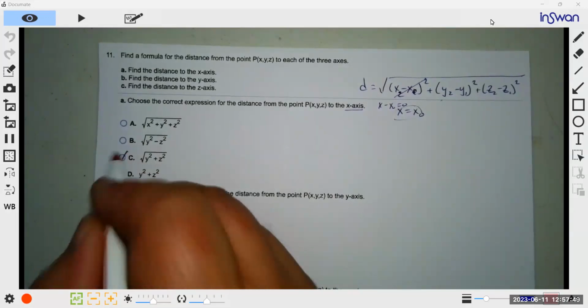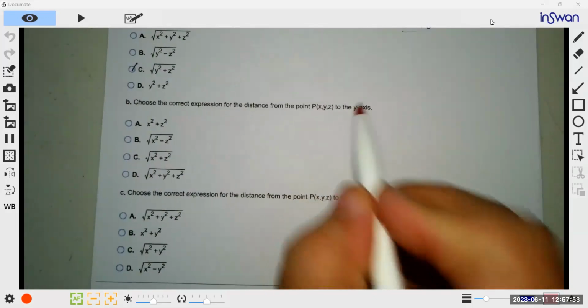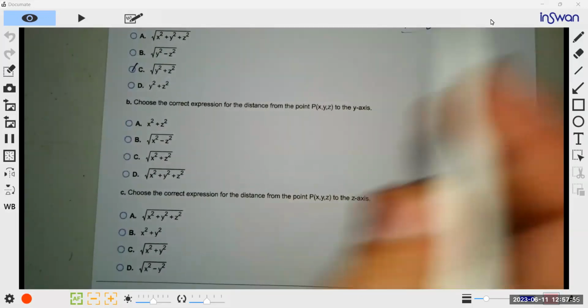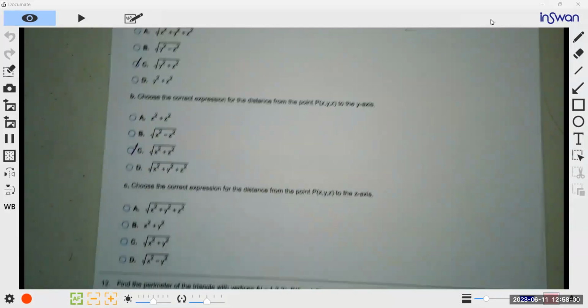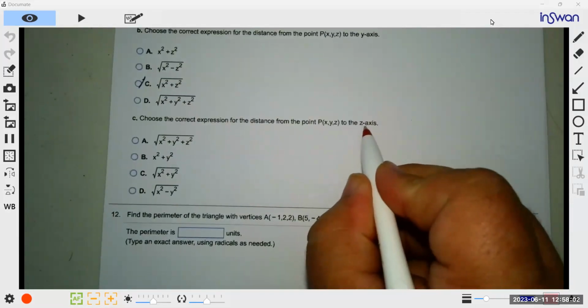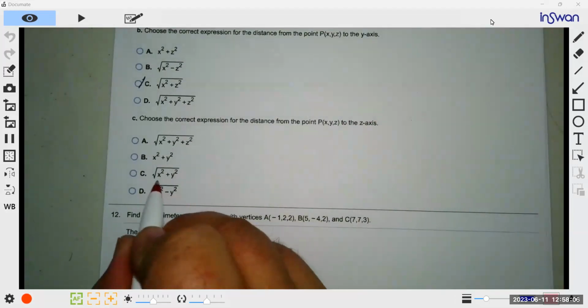So the answer is C. Likewise, since we're looking for the y-axis, the y disappears, so we're looking for the x plus z. So the answer is C again. Same thing for the z-axis. Since there's no z, it only has to do with the x and y, it's C.